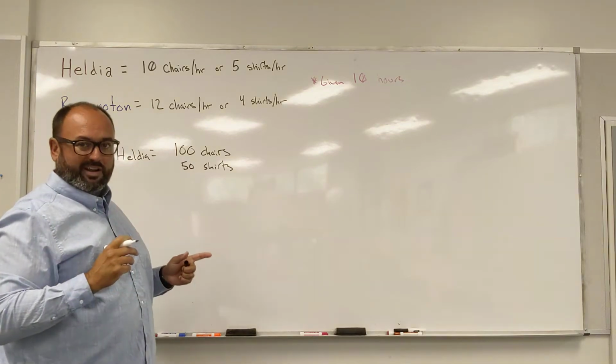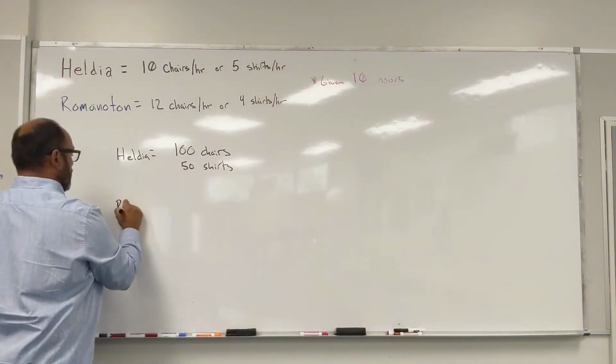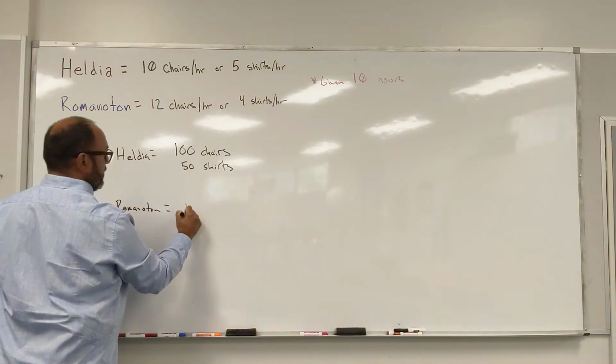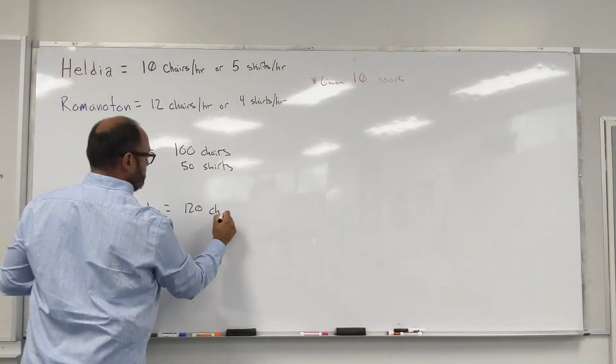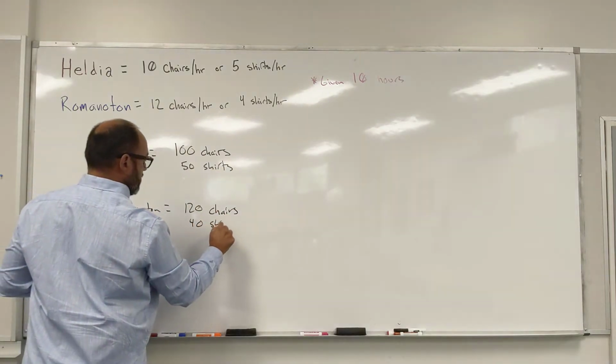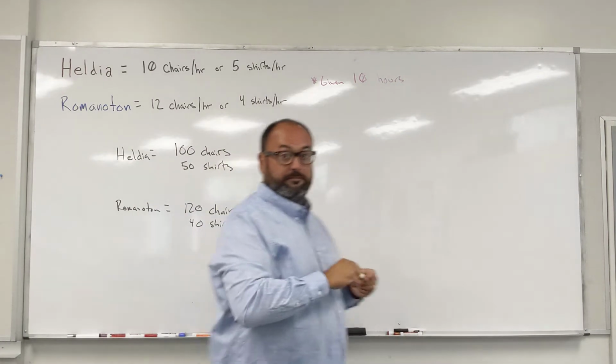Now these are ors, not ands. For Romanoton, they are looking at 120 chairs or 40 shirts.